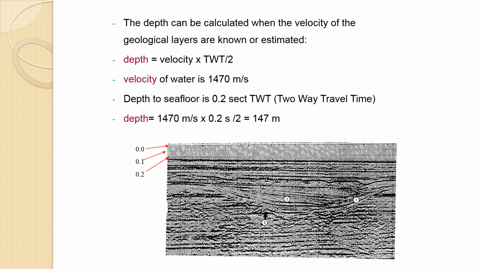So the thickness of this layer equals 1470 meters per second times 0.2 second over 2, which equals 147 meters. This is easily calculated because the water is homogeneous. We have no problem, as the wave will travel at equal velocity in all of this layer.